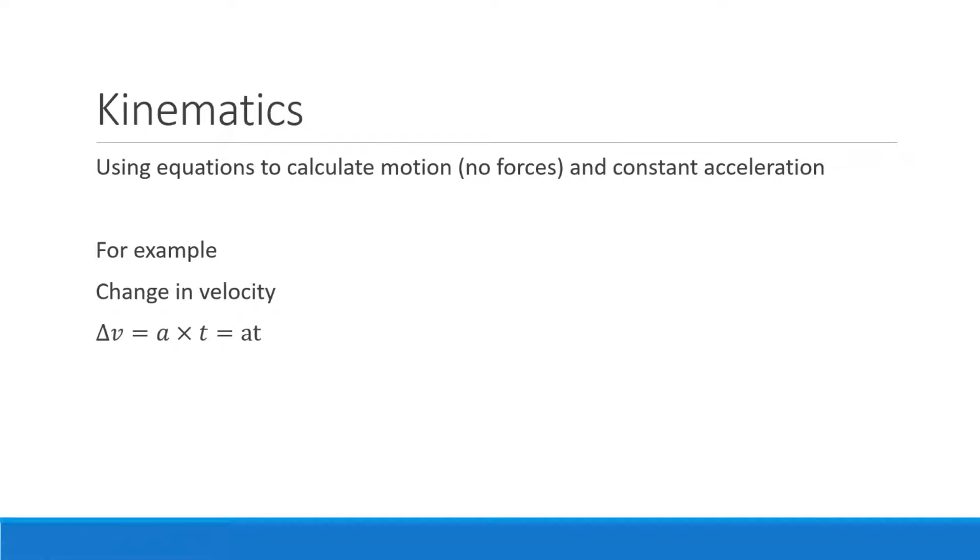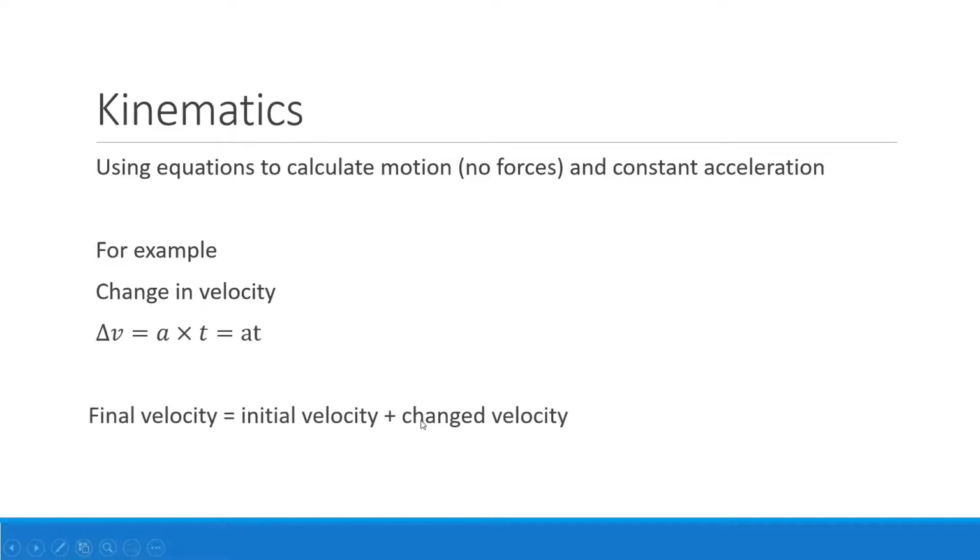Now, once you rearrange that formula, you can say, well, if delta V is the change in velocity, then your final velocity, whatever you're traveling at the very end, is going to be whatever you're traveling at the start plus the change in velocity.